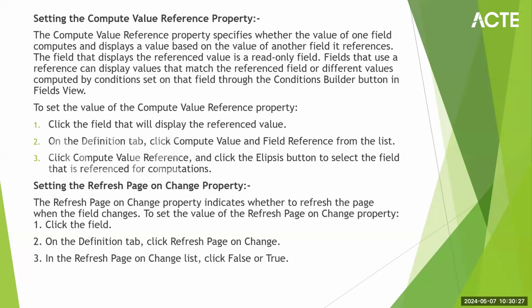On the definition tab, click the compute value and field reference from the list, effective date and expiration date fields. Click the compute value reference and map that particular field. You can map here the respective fields which already exist, or you can directly give the compute value reference.